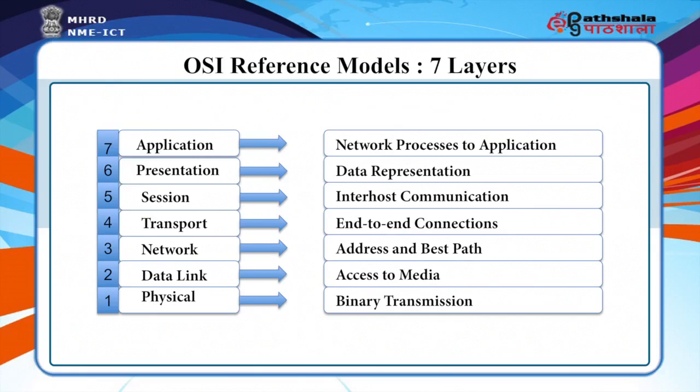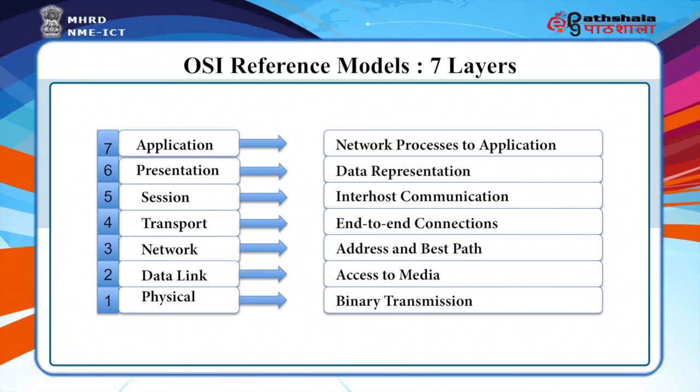To remember this, there is a small phrase: All People Seem To Need Data Processing. All is for application, people for presentation, seem for session, to for transport, need for network, data for data link, and processing is physical. The phrase can be remembered.